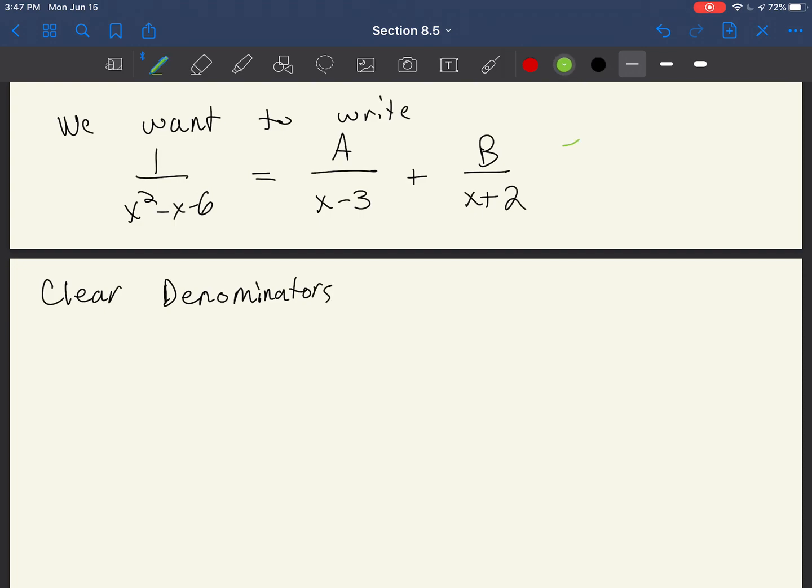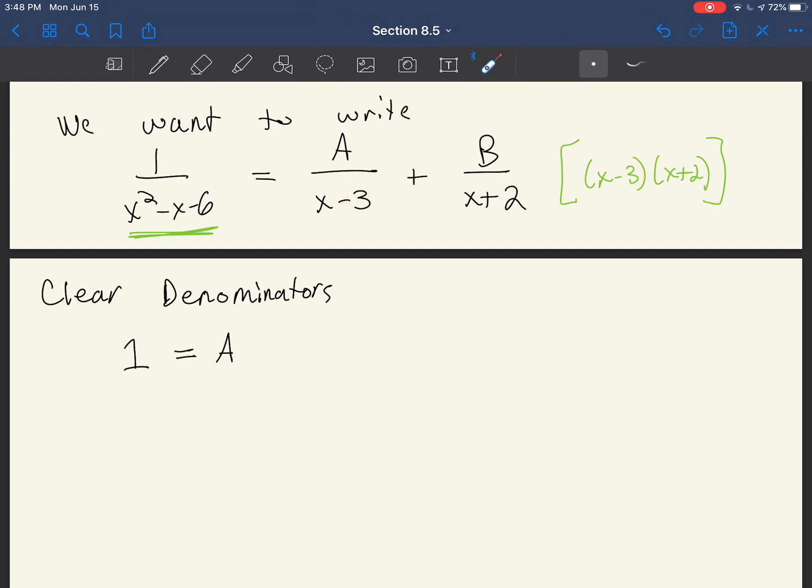What would we need to multiply by? We would need to multiply by x minus 3, x plus 2, which, by the way, is just x squared minus x minus 6 because we just factored it. So when we clear denominators, the left-hand side just becomes the numerator, and that should always be the case.